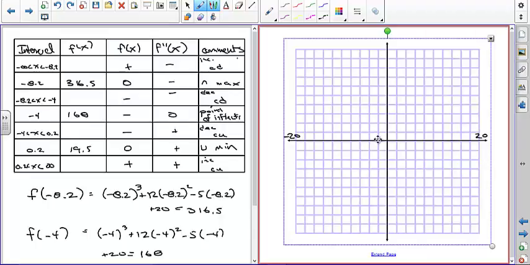That's so that each increment here is 2 units. So I followed the rules. This would be 2, 4, 6, 8, 10, 12, 14, 16, 18, 20. The same way over here.